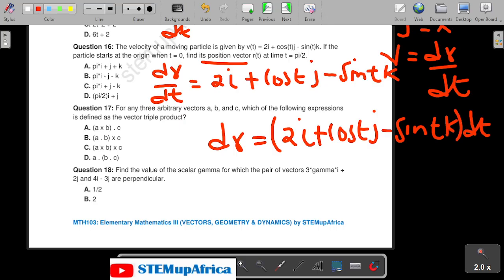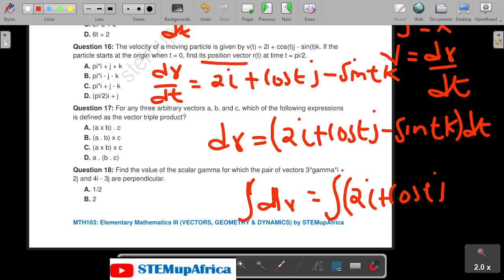So if I want to find r, I need to integrate both sides. So integral of dr equals the integral of 2i plus cos t j minus sine t k dt. So my r will give me what? Here we will have 2ti. That's what we're having.